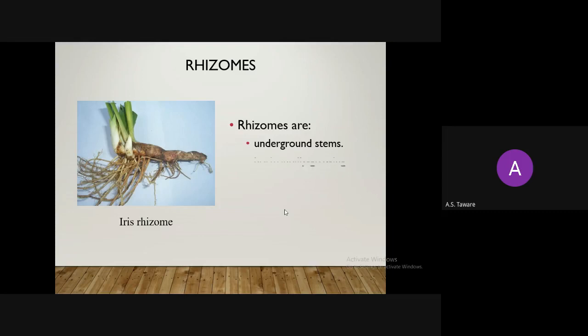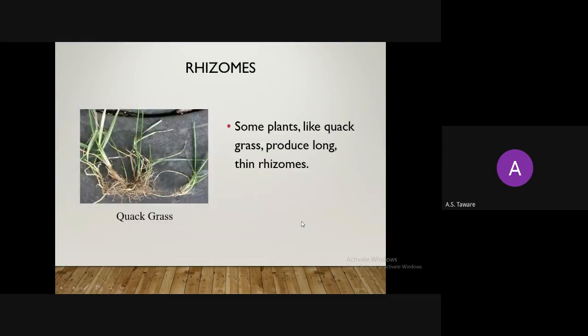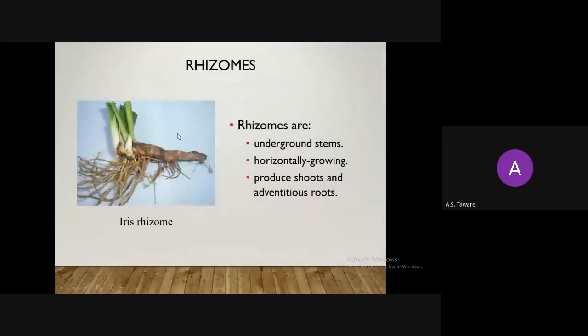Rhizomes are underground stems, growing horizontally, and producing shoots and adventitious roots. See, here you can observe they are producing shoots above and roots below. So this is what the rhizome is.